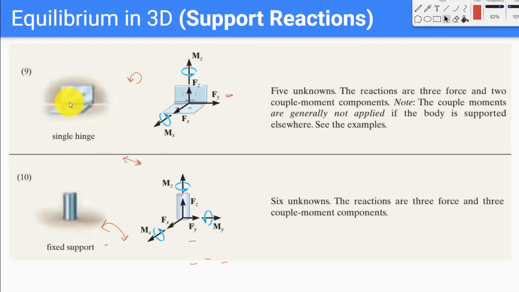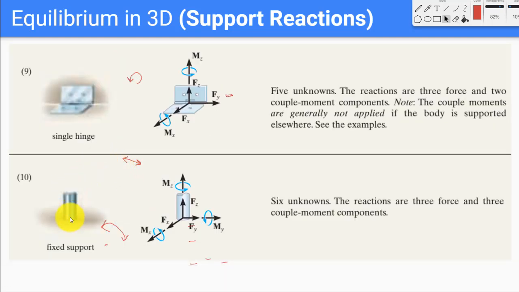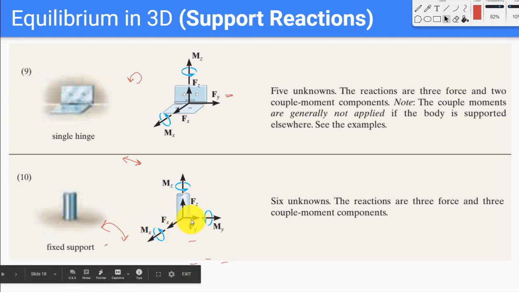Now, a single hinge is something which again allows only rotation along one direction, and the support reactions of a single hinge are exactly the same as that of a smooth pin. And a fixed support does not allow rotation and does not allow translation. So the support reactions for a fixed support in 3 dimensions would be given by 3 forces and 3 couple moments as shown here.